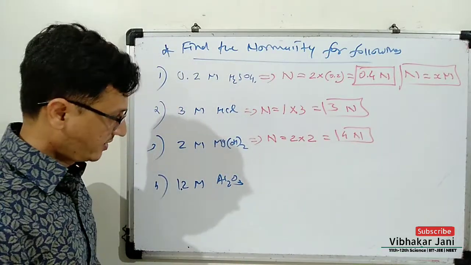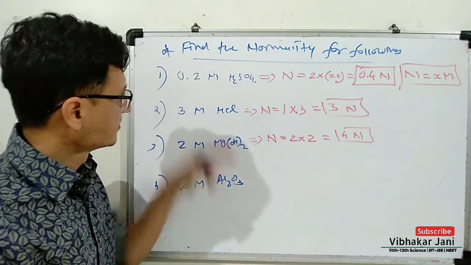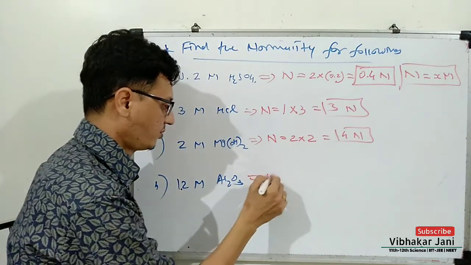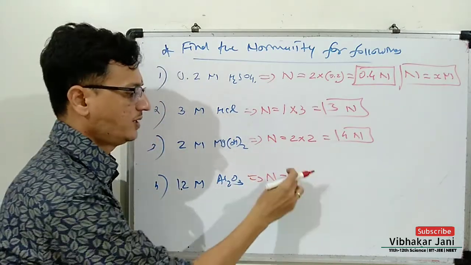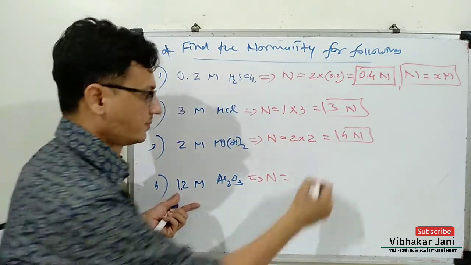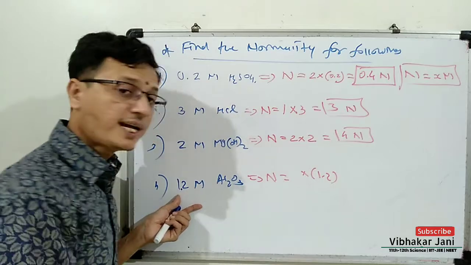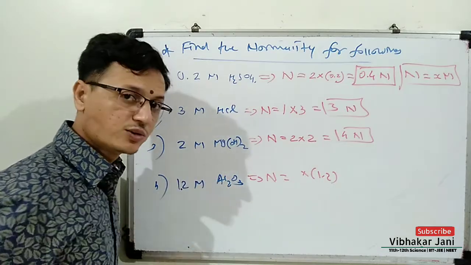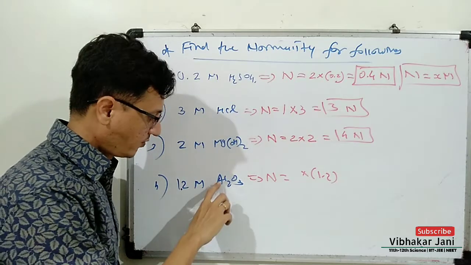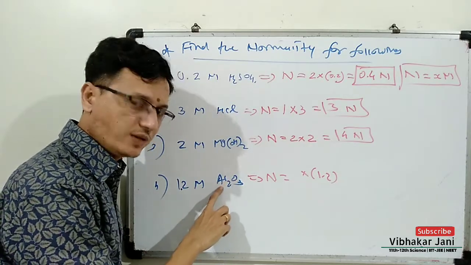And this is a salt. Acid, base and salt. So if you want to find the normality of this salt, then it will also be equal to X into M. Now M is 1.2. What will be our X? X for Al2O3, that I have also told you. Total charge, either for oxygen or for aluminium.